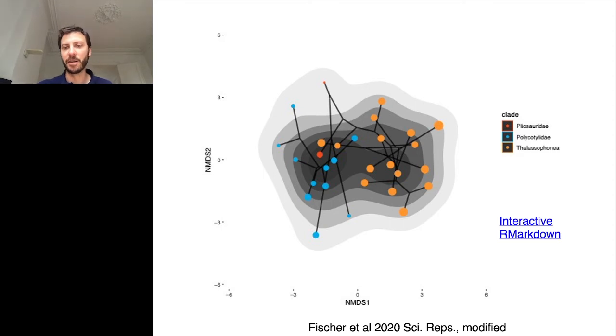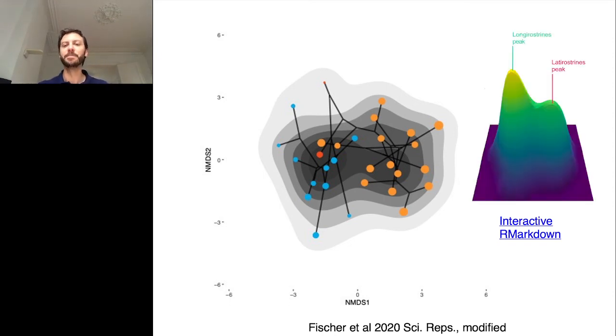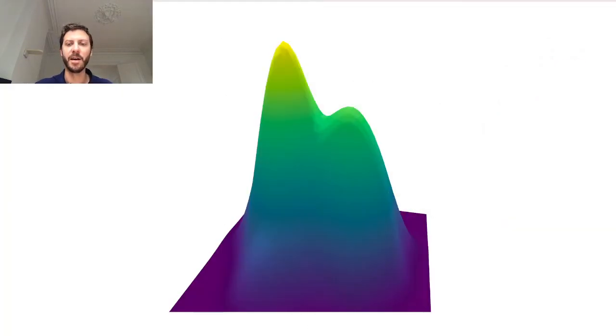So I wrote some kind of interactive functions that you can play with. There's a website where you can play with the landscape. This is what we get in the end. I think I can do this. Yeah, right. So I have a version here.